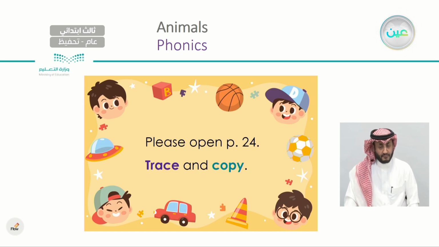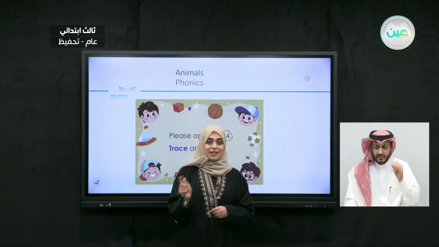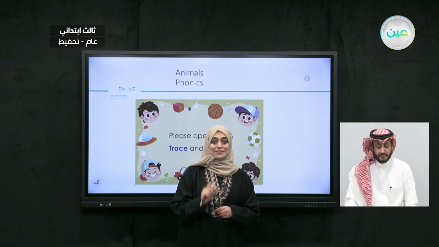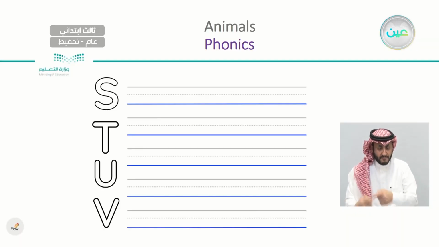So, how was it? You feel like you know the words? Because we read the sentences together, right? Did you read them with me? Excellent. So now, on page 24, we are going to trace and copy the sound of the letter that came at the beginning of the word. The letter that makes the first sound. Here we have S. Do you remember what word was for S?